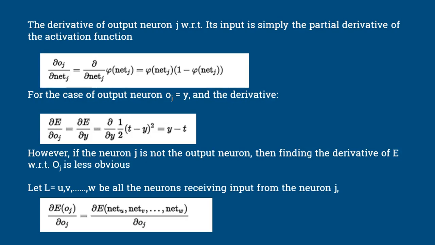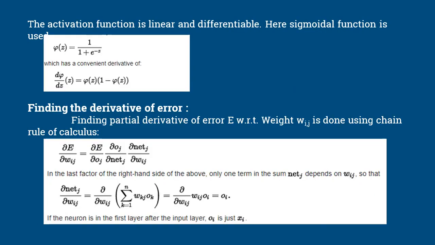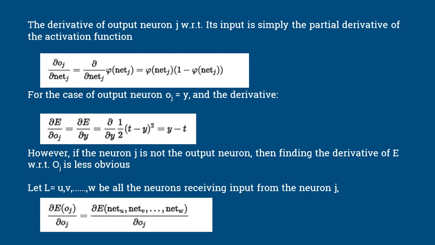So we have already seen that the partial derivative of the activation function is equal to phi of z into 1 minus phi of z. In this case, z turns out to be net j, so it is equal to phi of net j into 1 minus phi of net j. Now phi of net j is equal to oj, so this turns out to be oj into 1 minus oj.